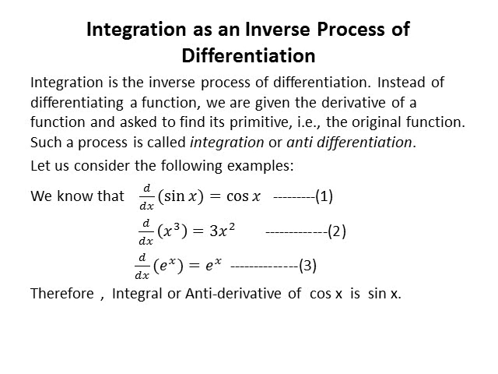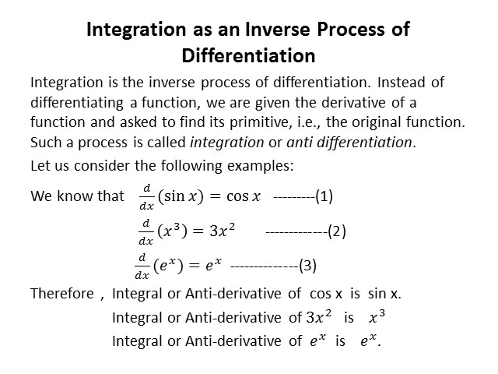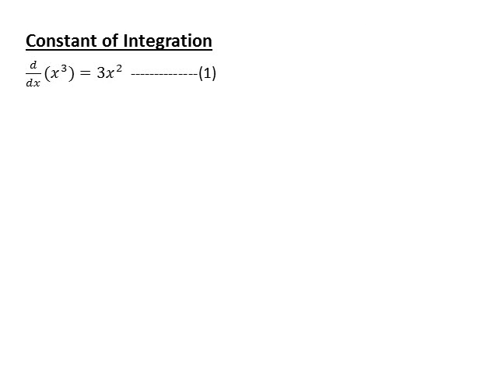Similarly, if the derivative of x cube is 3x square, then the integral of 3x square is x cube. Similarly, if the derivative of e raised to power x is e raised to power x, then the integral or antiderivative of e raised to power x is e raised to power x.